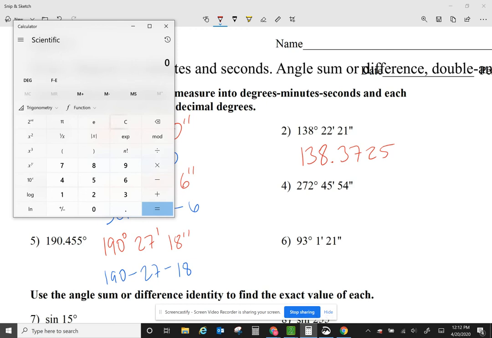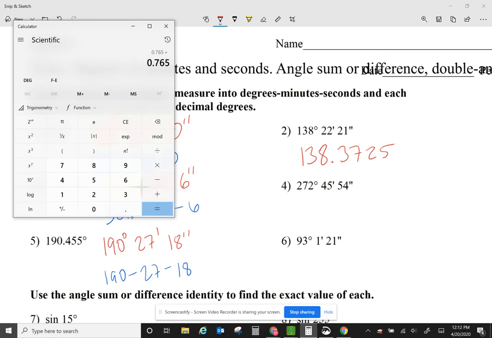How do we do number 4? Starting from the seconds, I'm going to go 54 divided by 60. That gave me a decimal. I'm going to add it to 45 and divide by 60. That gives me a decimal.